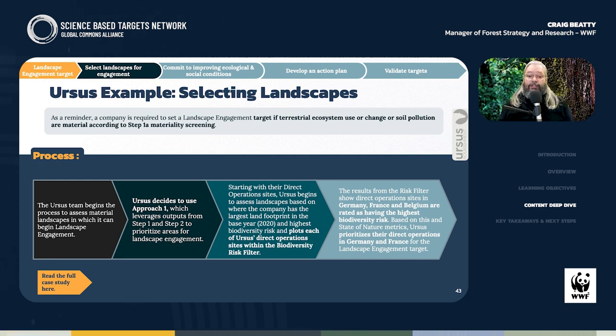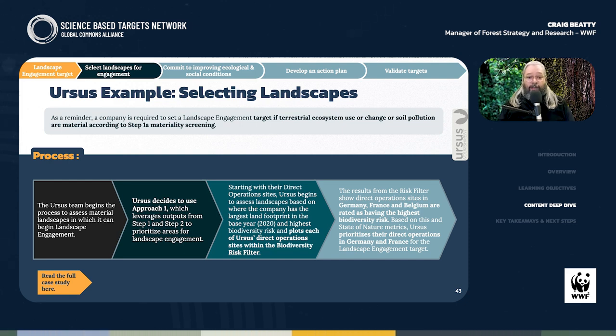Starting with their direct operation sites, URSUS begins to assess landscapes based on where the company has the largest land footprint in the base year, 2020, and the highest biodiversity risk. To validate their findings from Step 1 and Step 2, the team plots each of URSUS's direct operations sites within WWF's biodiversity risk filter.